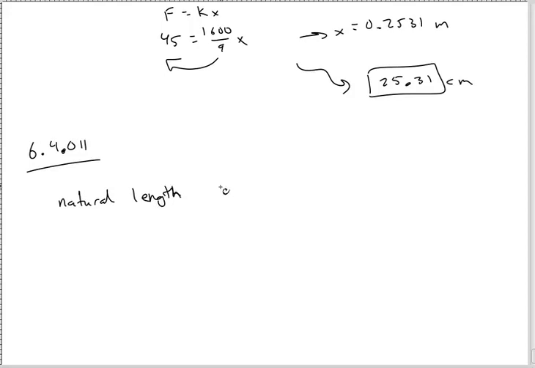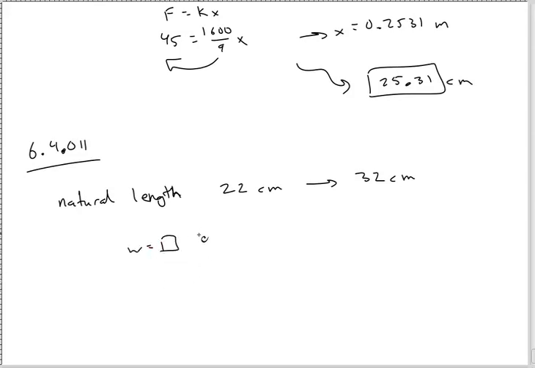Natural length of 22 centimeters, and it's going to be stretched to 32 centimeters. And why do I have a work? Oh, yeah. I see. It says, what's the work to do that?